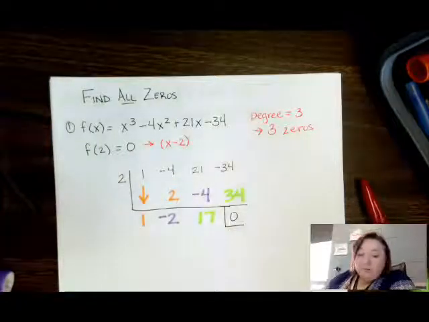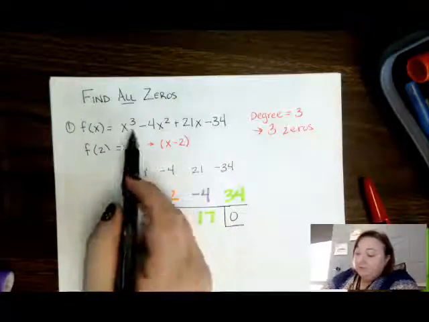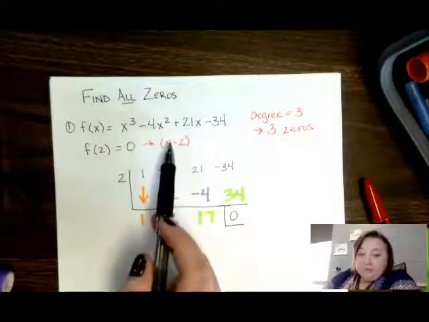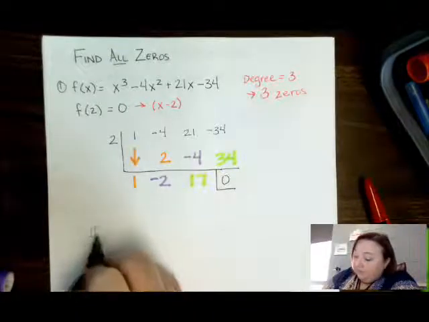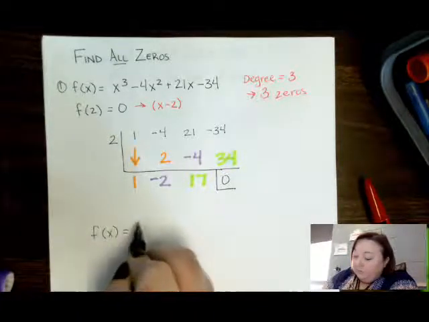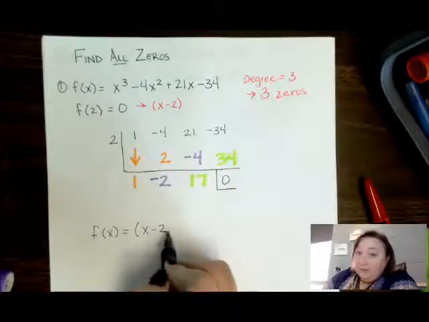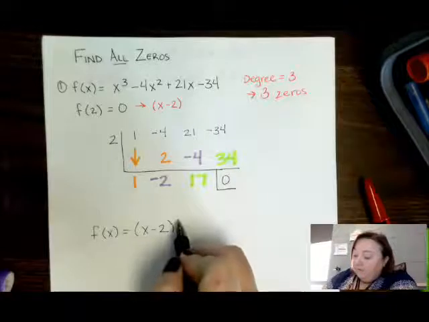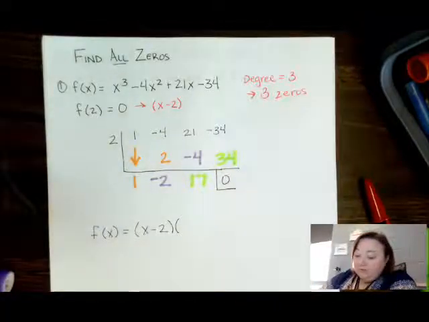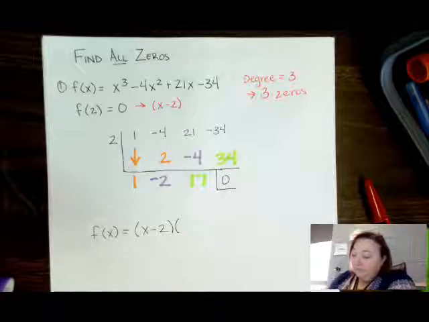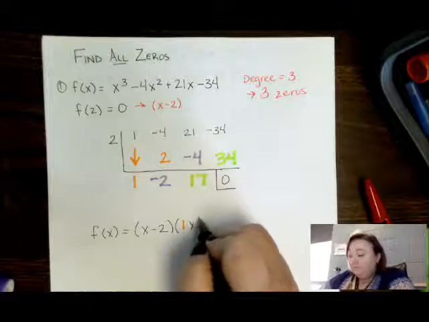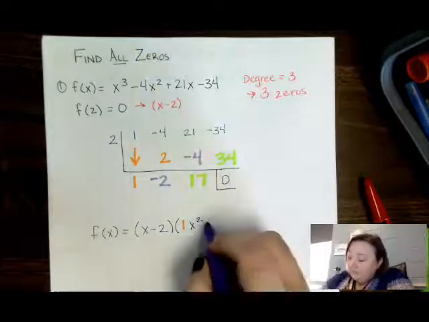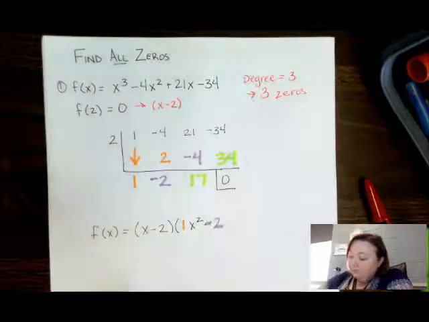So when we now go to write this or factor this, we already know that x minus 2 is one of the factors. So we pulled that out. So when we factor out x minus 2, or divide out, it's the same thing, we're going to be left with 1x squared minus 2x plus 17.